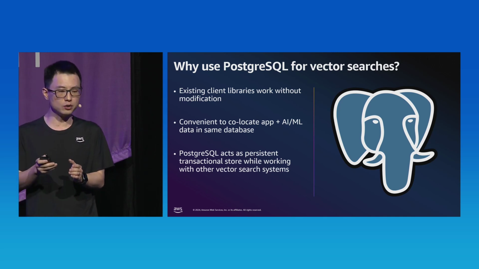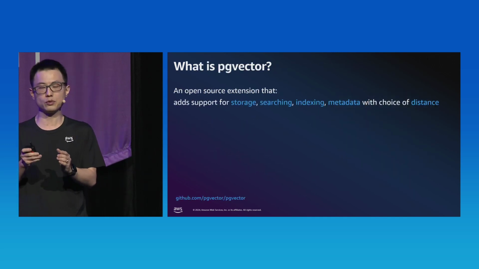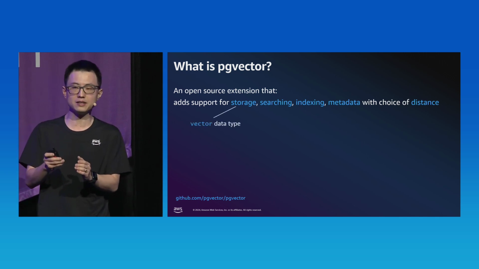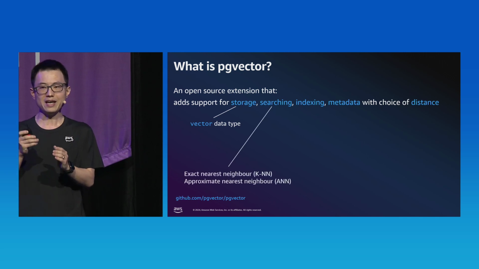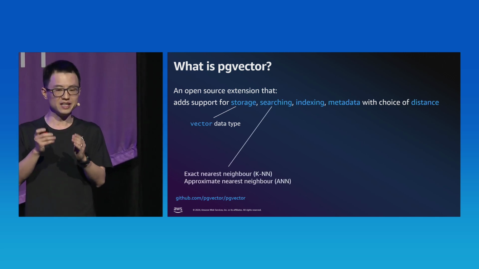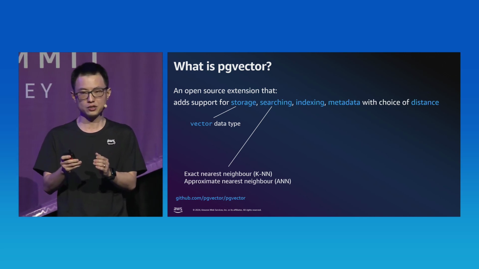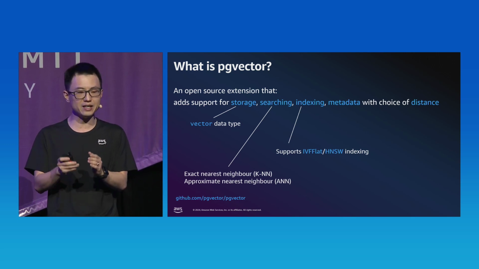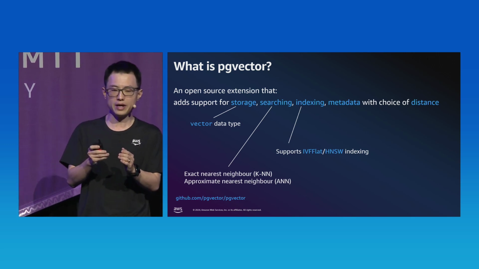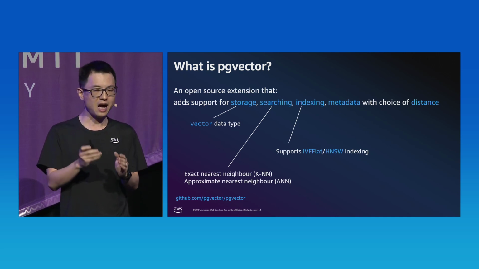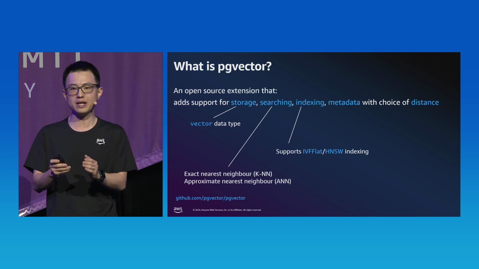And the most important reason why we choose PostgreSQL is because it has an extension called pgvector, which supports the vector data type. And it provides two different kinds of search: the exact nearest neighbor search and approximate nearest neighbor search, ANN. And for ANN, it supports two different kinds of indexing, IVF flat and HNSW.